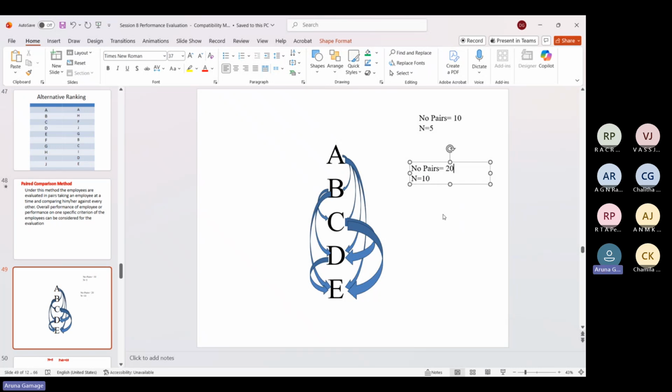Any other answer? If there are 5 employees, the number of comparisons is 10. Number of pairs 10. If there are 10 employees, is the number of pairs 20, or something else?